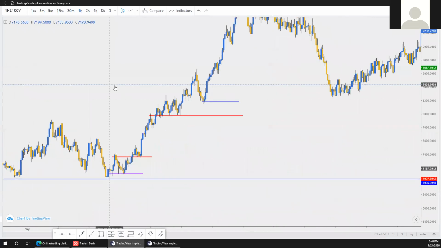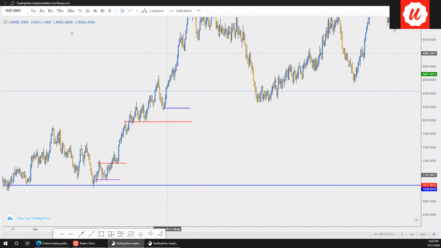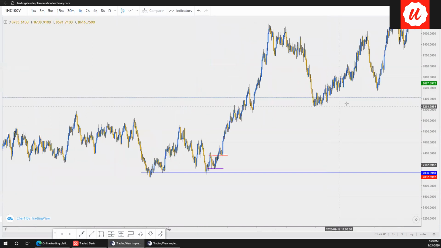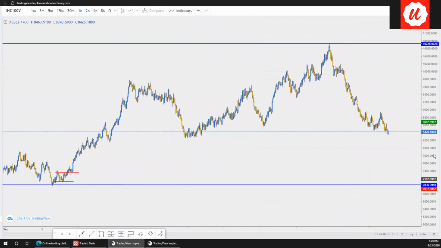So yeah, another thing. When it comes to this pair, remember I said you have to trade with the trend. If you identify the trend as bullish, it's not going to stop being bullish until major market structure is broken.